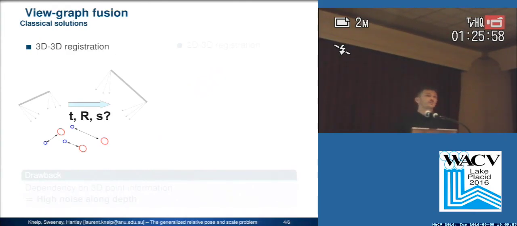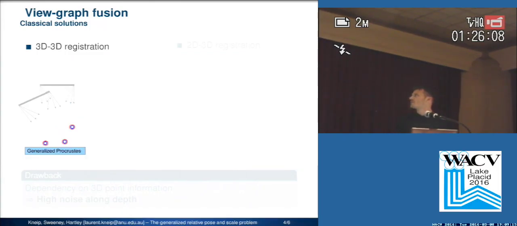This is not new, and it has been mainly approached as a 3D registration problem, where you have a set of 3D points and another set of 3D points, and you try to find the alignment between these points. This is generally named generalized Procrustes.